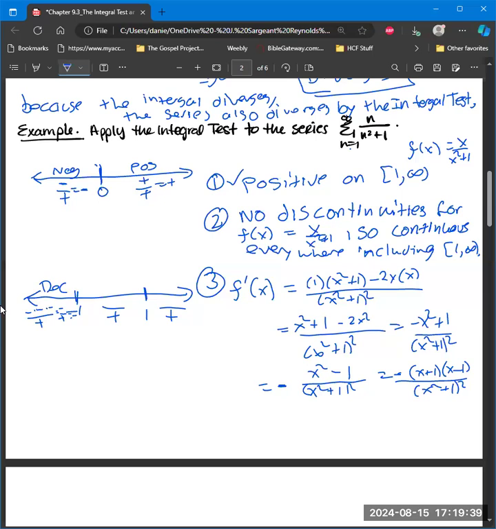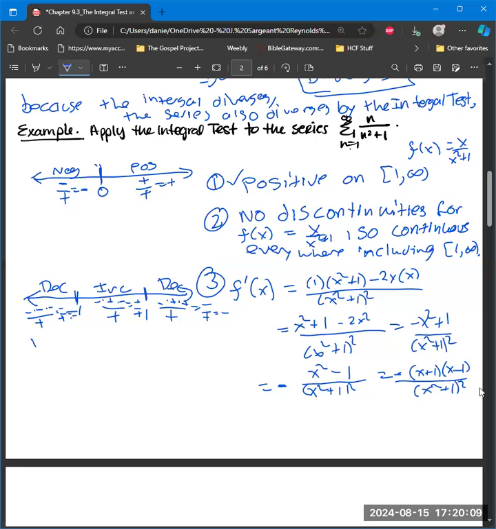Then between -1 and 1, I'm going to have a negative times a positive times a negative, which is a positive, over a positive is a positive. So this is increasing. And to the right over there, I have a negative times a positive times a positive, which is a negative over a positive, a negative, so this is decreasing.